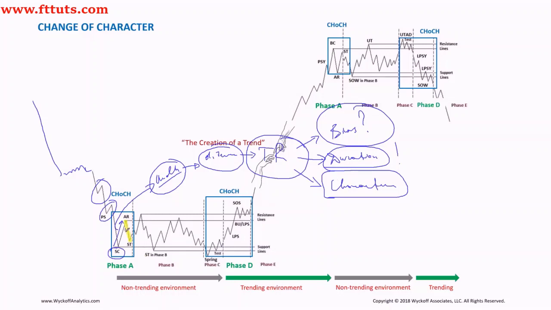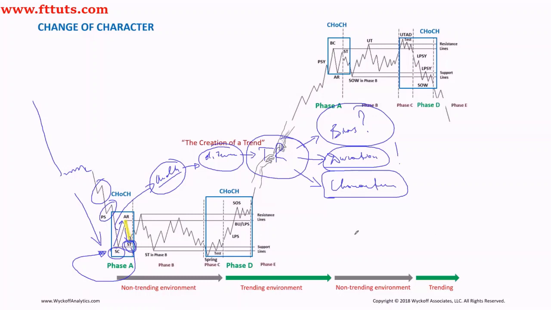The confirmation of this change of character is going to come on the next attempt to push the price lower. And this attempt will fail, and it will create a test, what we will call a secondary test. I often call this a local test to the local event, which is the climactic action. We will discuss the selling climax later on today, but for now, just keep in mind that this final test of the change of character is an attempt to continue a downtrend, which will always fail.